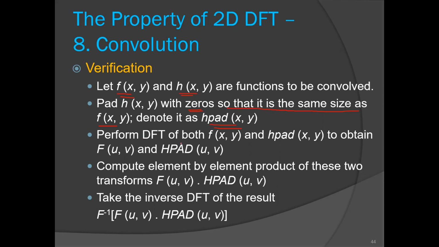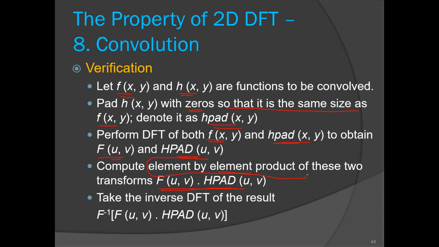Now perform the DFT of both f(x,y) and h pad(x,y) to obtain F(u,v) and H pad(u,v). Now compute the element by element product of these, not matrix multiplication.